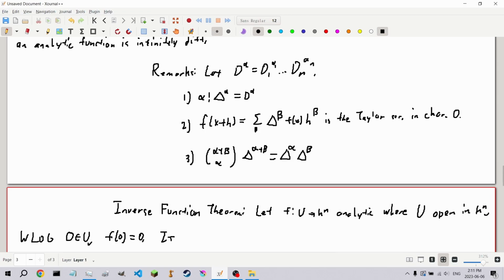Then this states that if df of 0 from k^n to k^n is a linear isomorphism, f is a local analytic isomorphism.